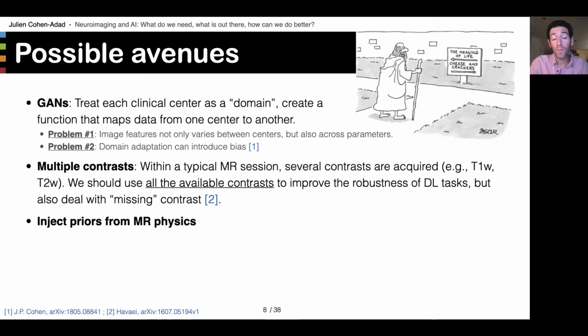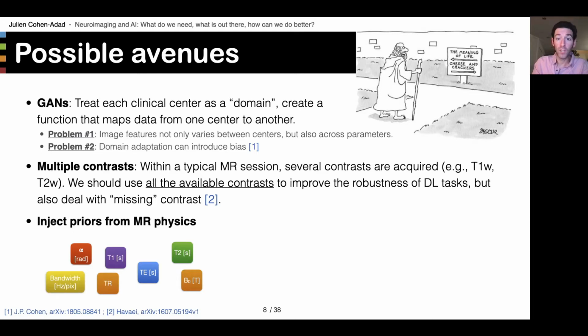Lastly, another really cool approach that I'm very interested in is to add priors from MR physics information to generalize models better. We know that some parameters, such as the transverse relaxation time, or T2, flip angle, T1, echo time, B-naught field, bandwidth, repetition time, all contribute to the image contrast.